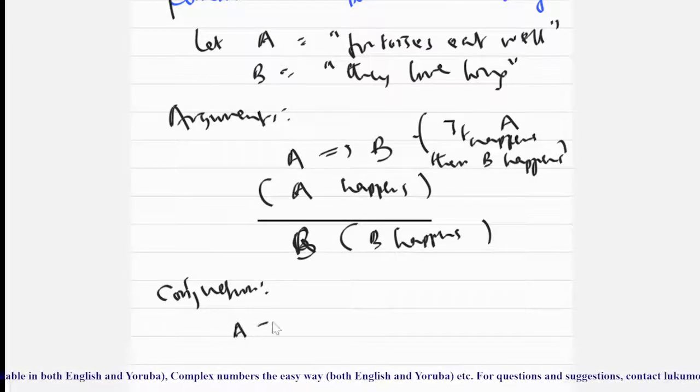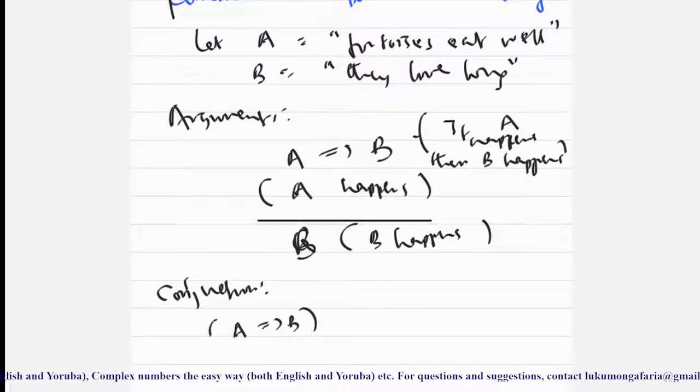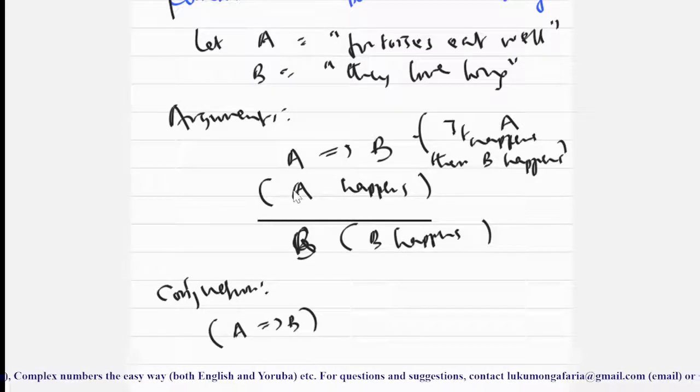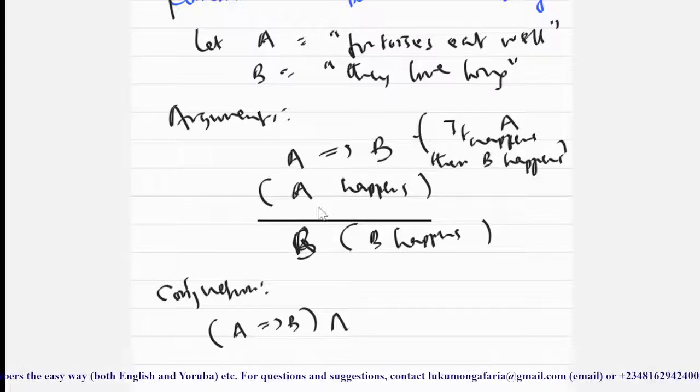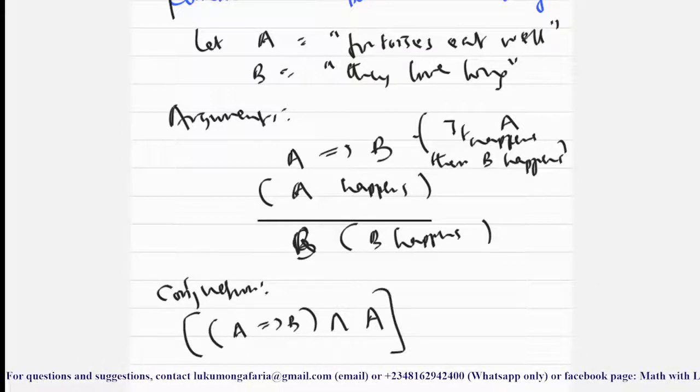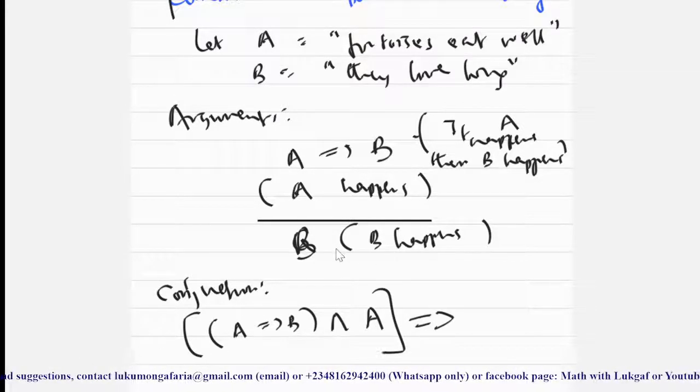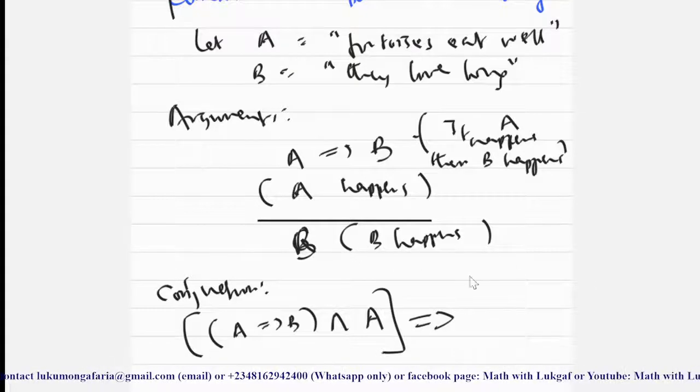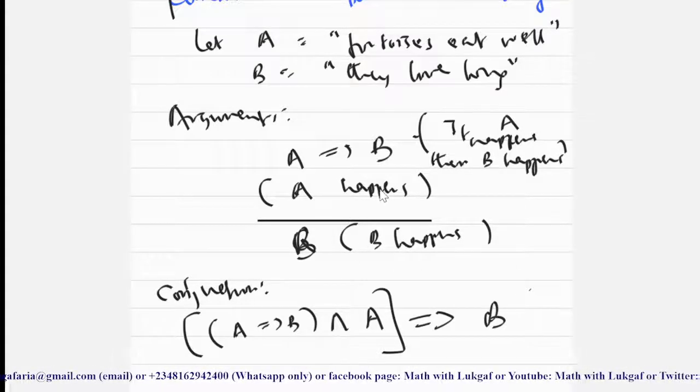This will now be A implies B, which is the first one. The second one is the conjunction, that is A happened. I hope you understand now. Then for your conclusion, it implies, what is your conclusion now? B. I hope you understand now.